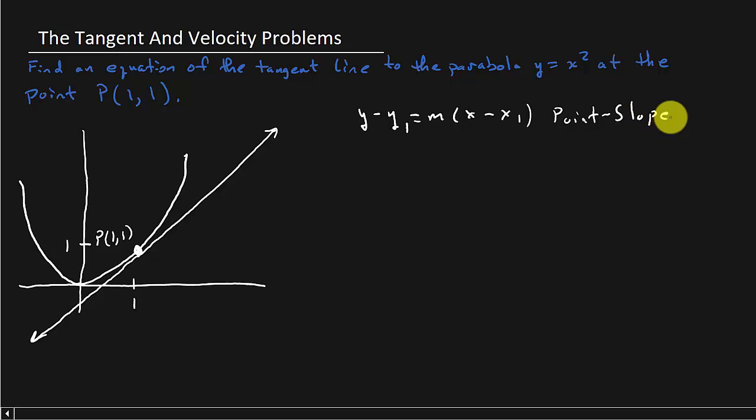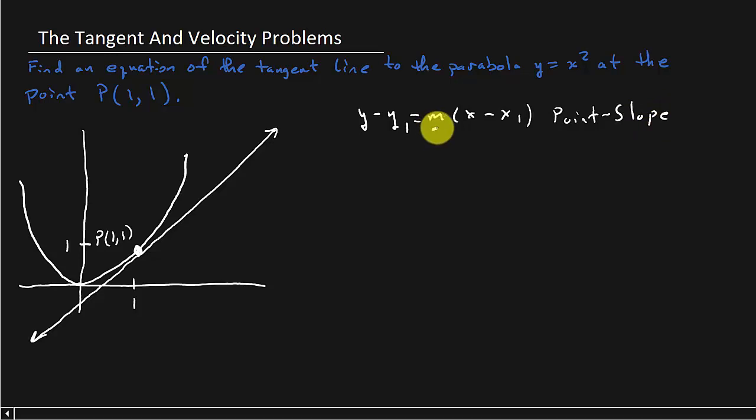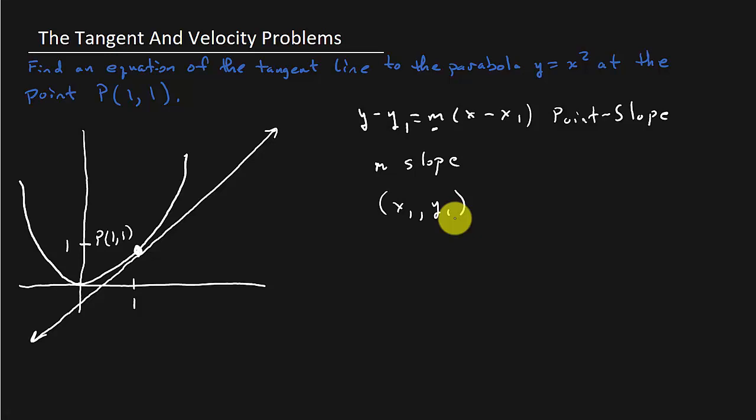And in order to find the equation of a line, we needed the slope of the line, which is m, and we needed a point on the line, which was x1, y1. And there were different ways you could find the equation of a line. They could give you the slope and a point, or they could give you 2 points.